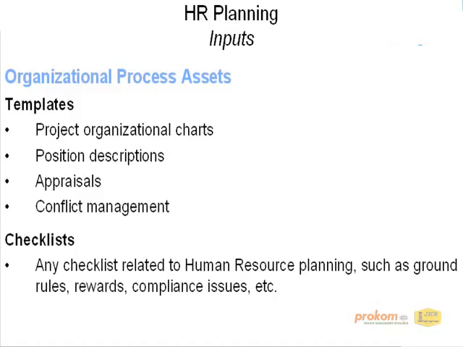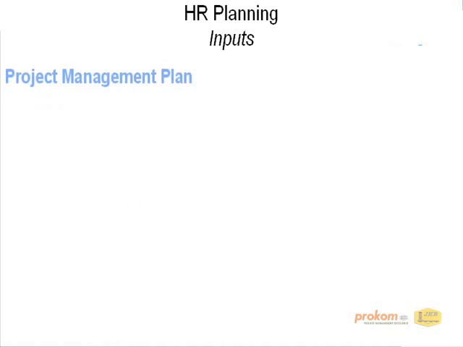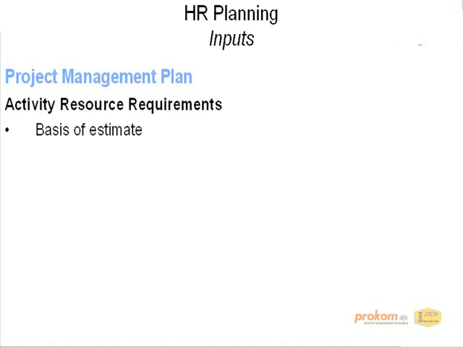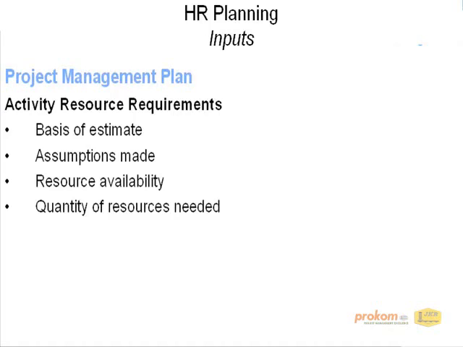And the final input is the project management plan. Specifically, we will be utilizing the activity resource requirements that were generated within the time knowledge area in the activity resource estimating process. As a refresher, activity resource requirements contain the basis of estimate for each resource, assumptions made, resource availability, and quantity of resources needed.